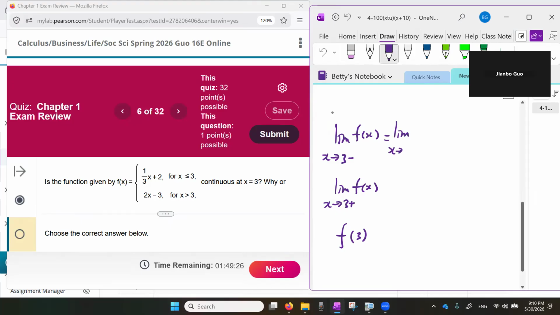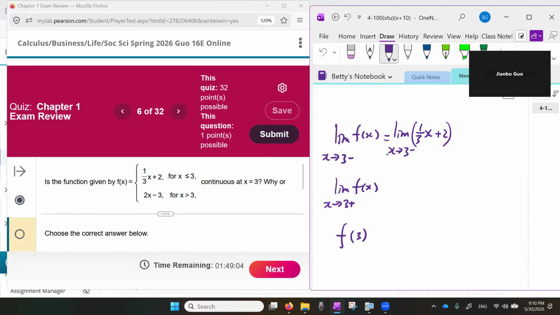When x approaches 3 from the left, the function is one third of x plus 2. We are using the first piece because the function equals 1/3 times x plus 2 for x less than or equal to 3.